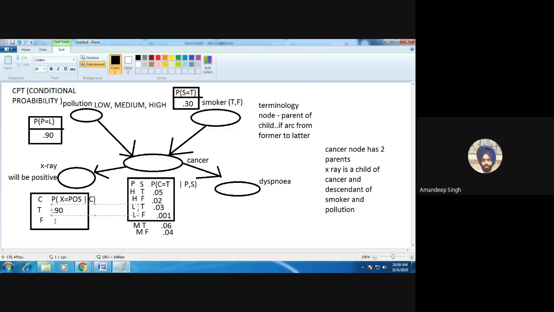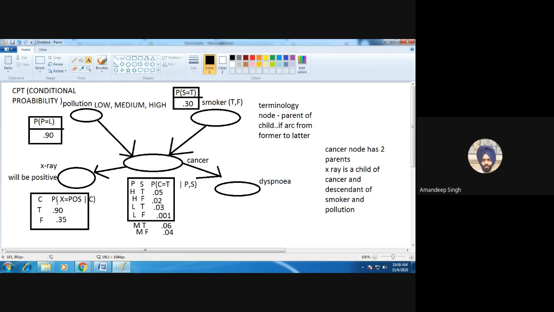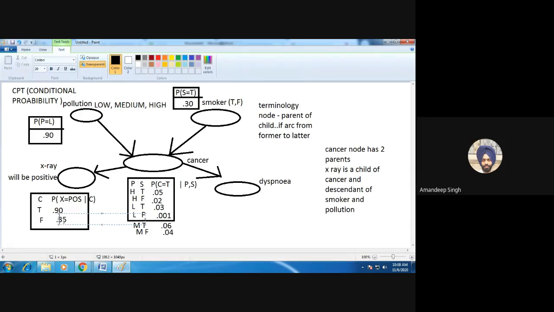So value it can be like this, or here it can be like this. Fine. So what you're trying to compute here is, with X-ray report as positive and given cancer, the probability of cancer having the true value is 90%, and the probability having the cancer as a false value, it can be 20%.